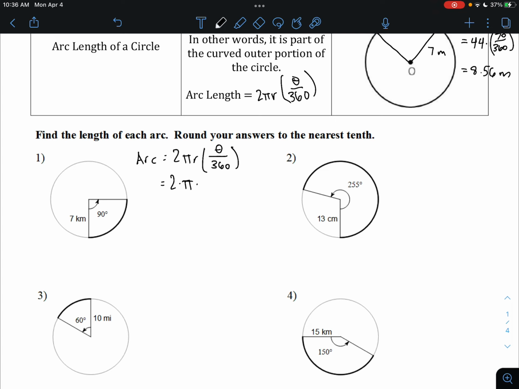Times our radius, which is 7. Times theta, and our angle is 90 in this case, out of 360. So this is 1/4 of a circle. This is a quarter of a circle. Plug those things into the calculator, and we have about 10.99 kilometers, which rounds to approximately 11 kilometers.